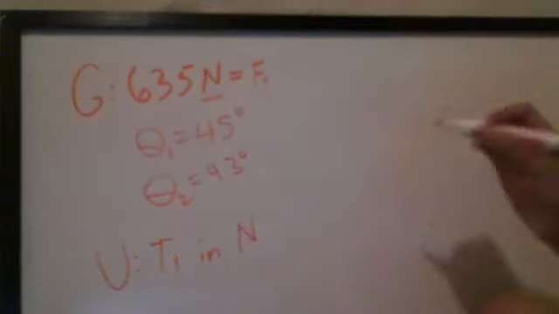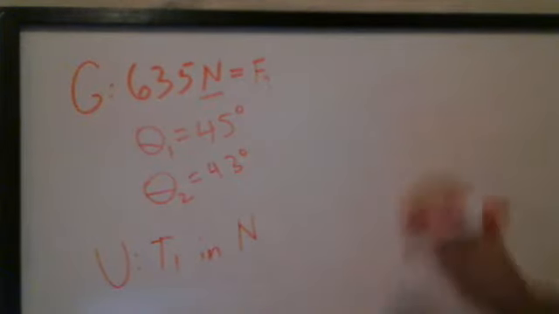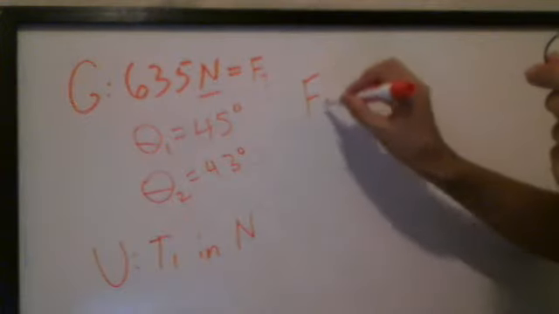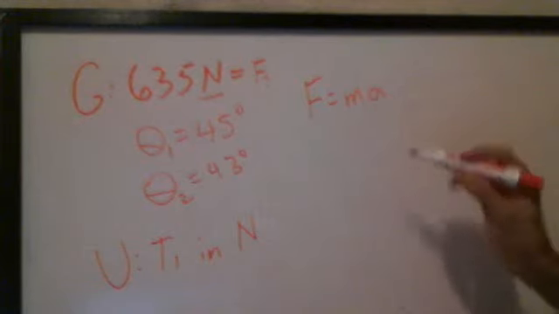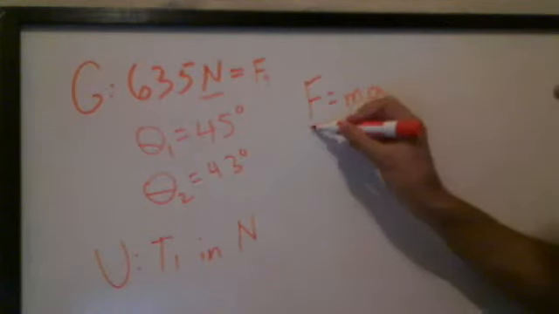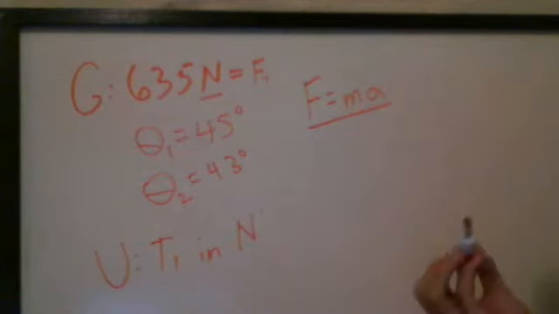Now you might be asking yourself, what is a newton? But if you remember this equation, F equals ma. This equation will get you far. Please remember it. It's pretty much the basis of all kinematics that I remember.